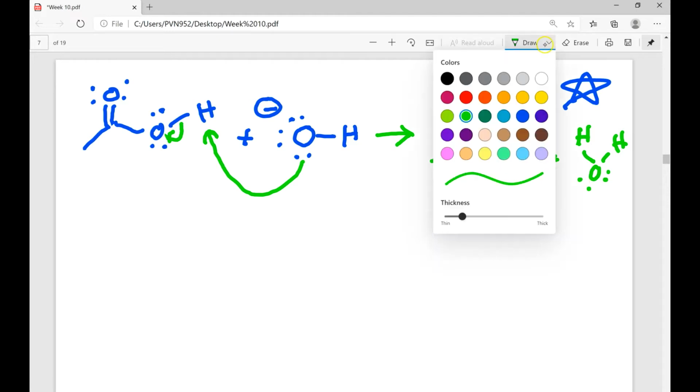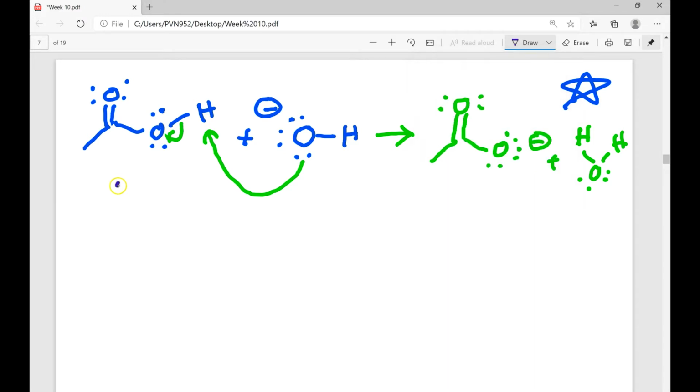So we can define a few things here based on what we've learned from previous videos. So we could say in this expression, the acetic acid is the acid, the hydroxide ion is the base, the acetate anion is the conjugate base, and the water is the conjugate acid.